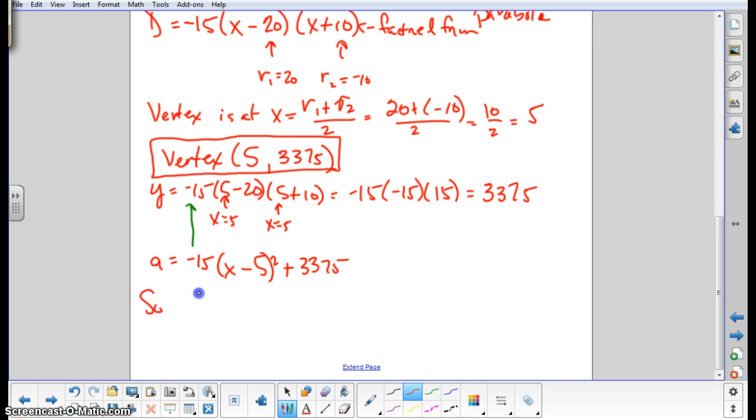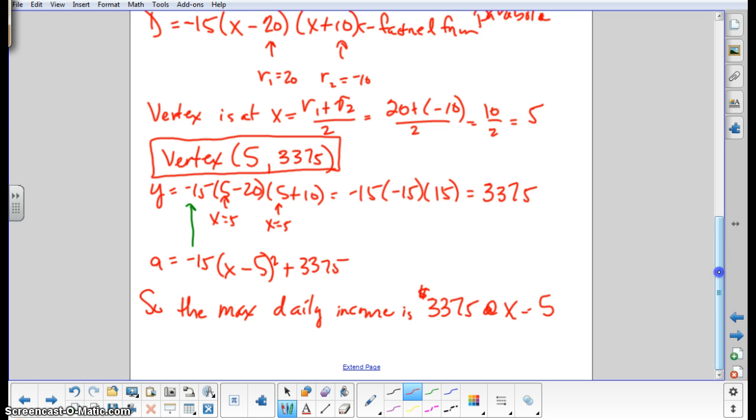So the vertex points down, that's a negative 15. So the maximum daily income is $3,375 at x is equal to 5.